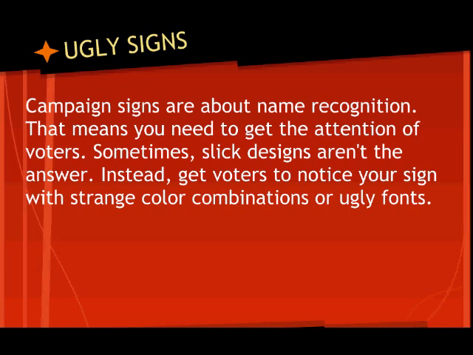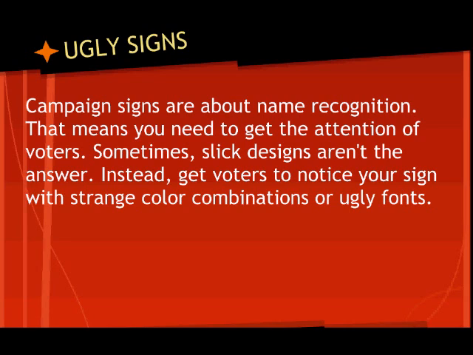Oftentimes, the slickest designs, campaign signs from a design perspective, are often the least effective. They might look great on a website, they might look great on a direct mail piece, and they might even look great on a sign when you're seeing it right in front of you in your proof online, or even just as you're assembling them. They might look great, but are they something that's going to attract the attention of voters?